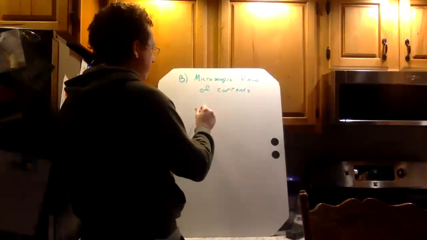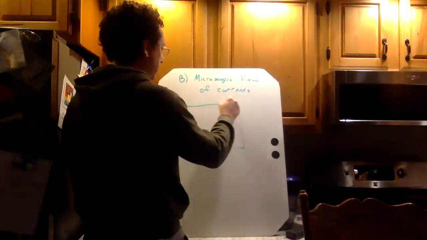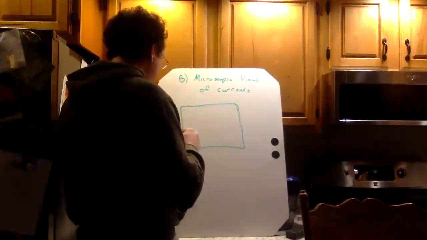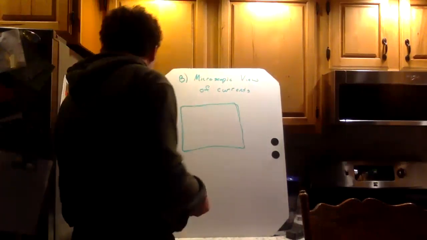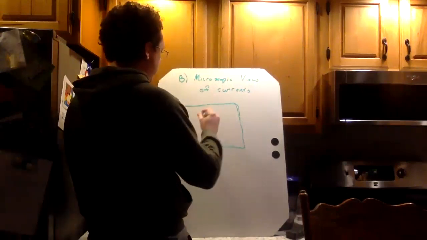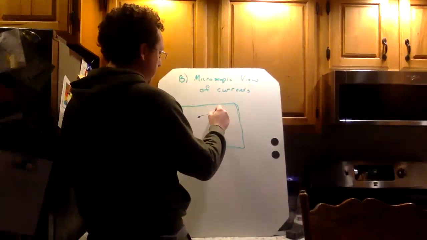When you have a material like a metal, you have these little charge carriers, little things that can move around. So we have these little points which are free to move.